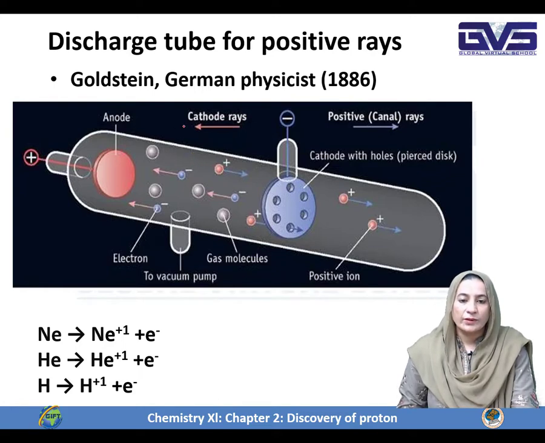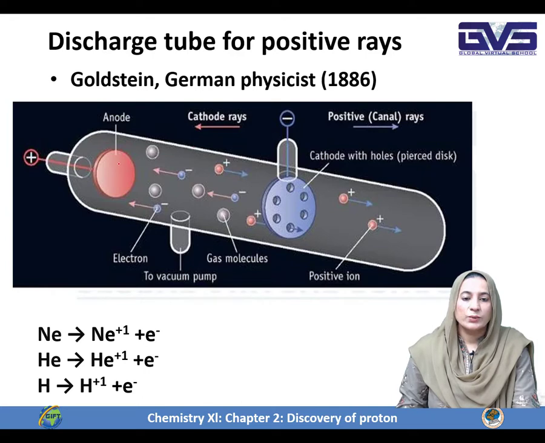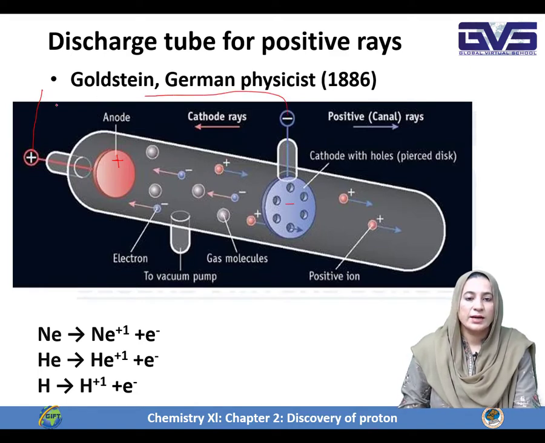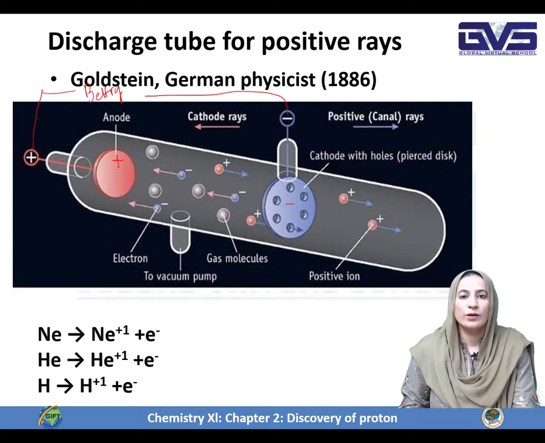Just consider this a glass tube with the same components of a discharge tube. This one is the anode, attached to the positive terminal of the battery, and this is the cathode, the negative.